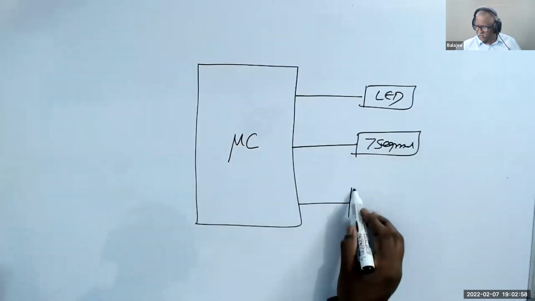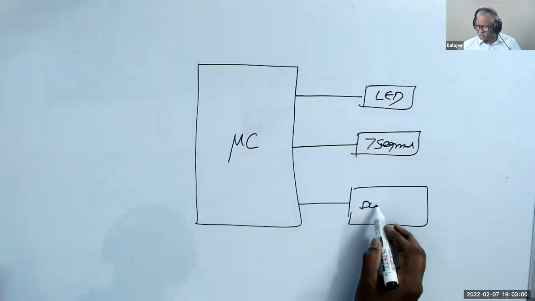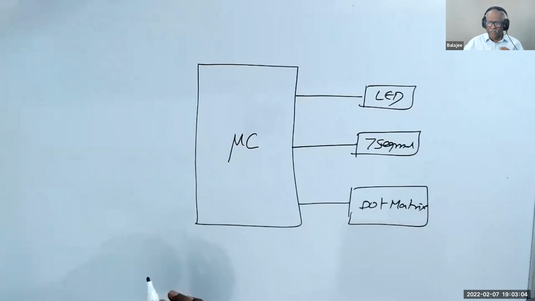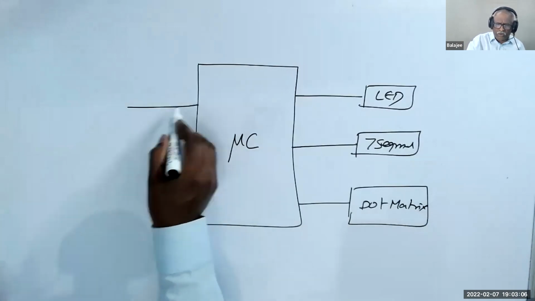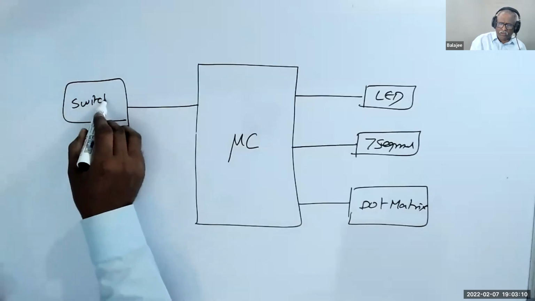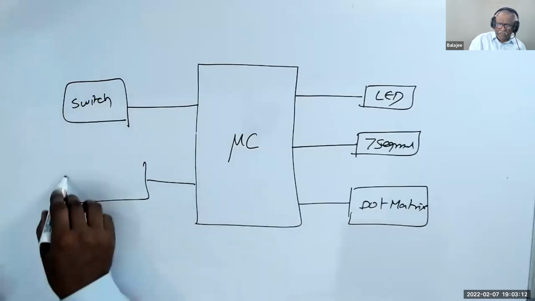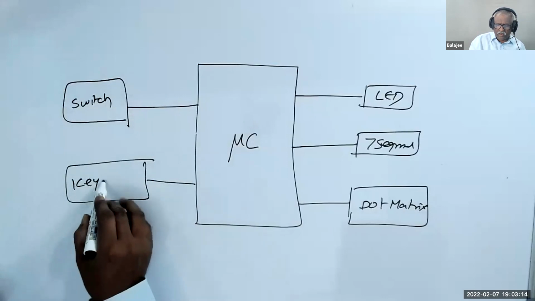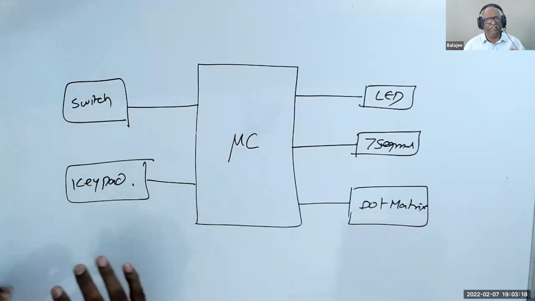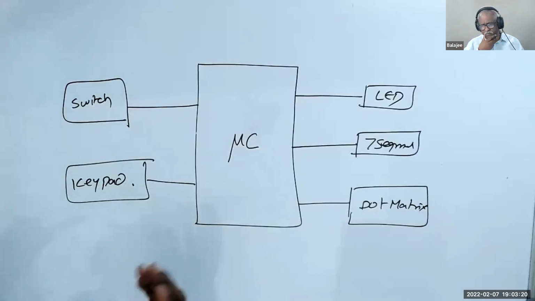And third one is dot matrix. Same way, for input we connect a switch. Then we connect a keypad. These are all the easiest devices which you can connect directly and start working.